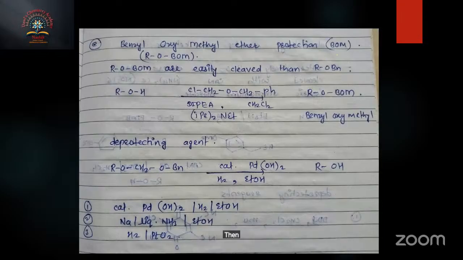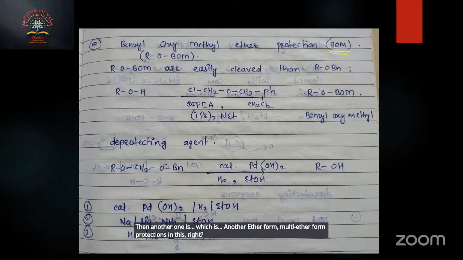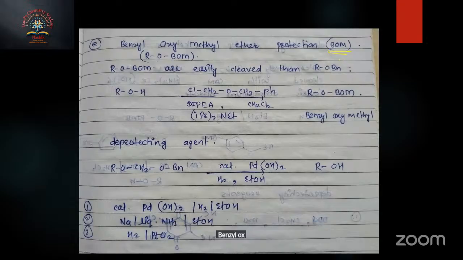Then another one, which is another ether form, a methyl ether form of protection, right? Benzyloxymethyl ether protection. Again, we have an alcohol group. The alcohol group is protected in the presence of generally a nitrogen-containing base.